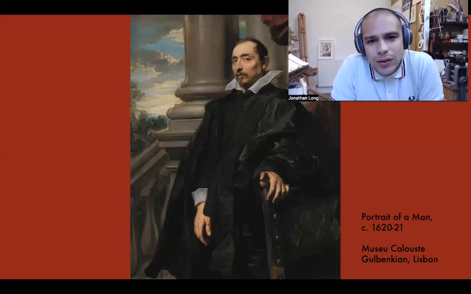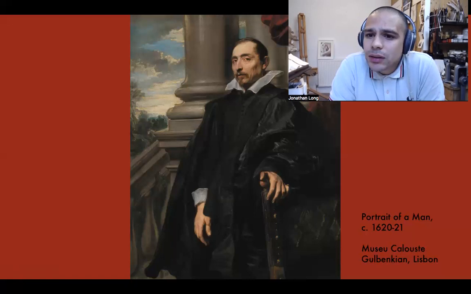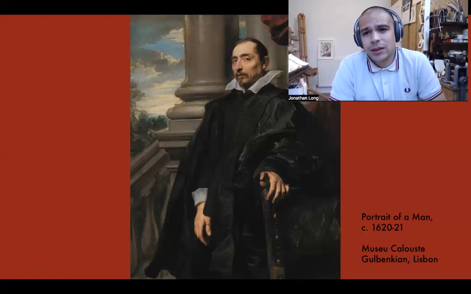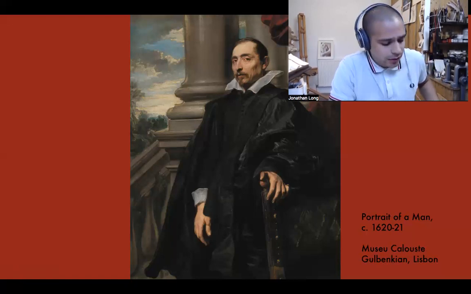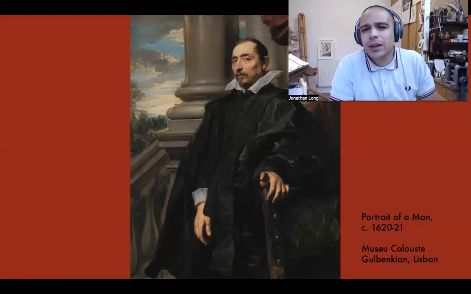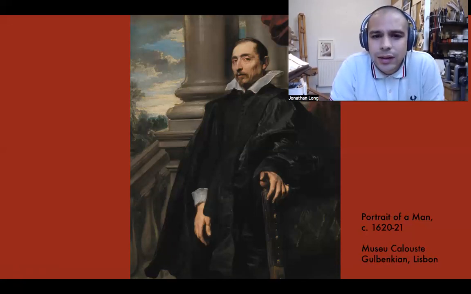But this is not necessarily an aristocrat. If we were looking at an aristocrat here, we'd probably see a few other things. There'd probably be some symbols of a coat of arms, perhaps, in Van Dyck's great equestrian portrait of Charles I, which hangs in the National Gallery in London.